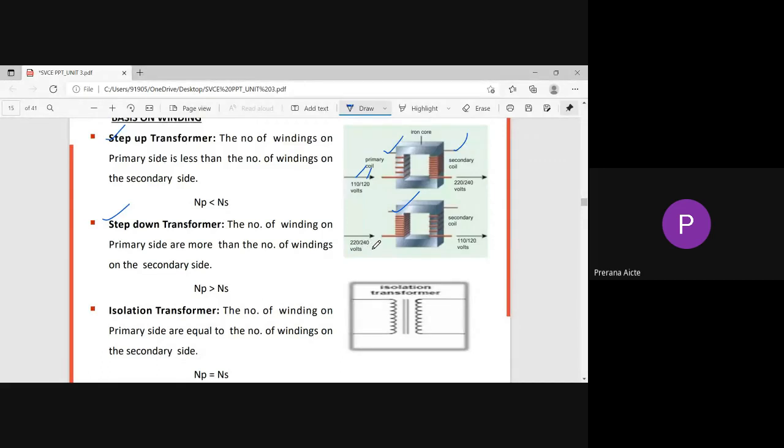Here the connections change: we take the high voltage winding as the primary, that is 220 by 240, and the secondary is 110 by 120. For that reason, here it is a high voltage to a low voltage, a step down transformer. In the earlier one, it is low voltage to high voltage, a step up transformer.